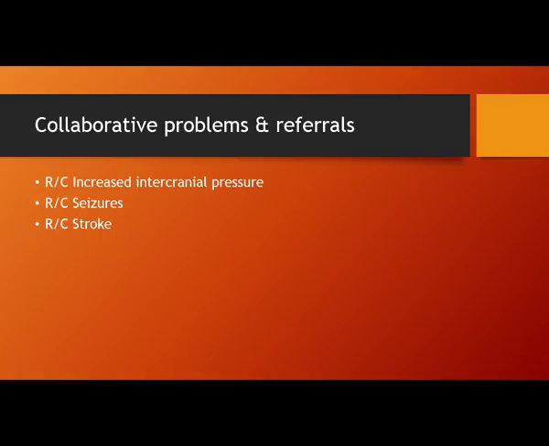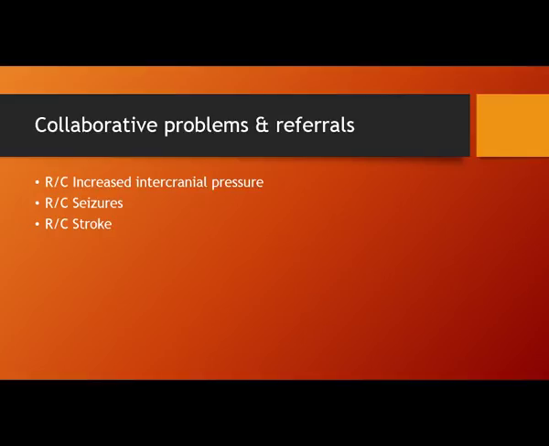Changes like that would indicate that you might have increased intracranial pressure. And sometimes you even monitor it. If they're really high risk, they may have a monitor where you have an invasive probe and you're monitoring it.